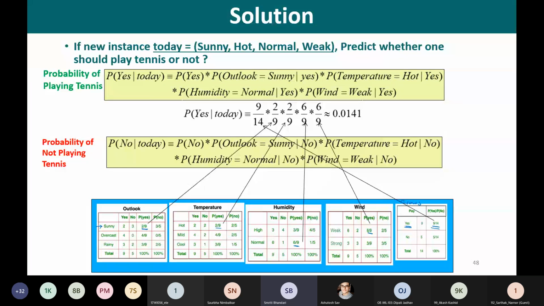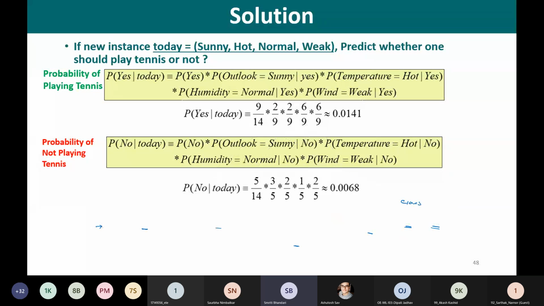After substituting all those values, the probability of yes given today comes out to be 0.0141. Similarly, now we are going to compute the probability of not playing tennis.